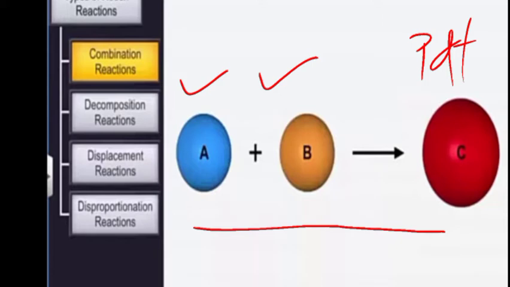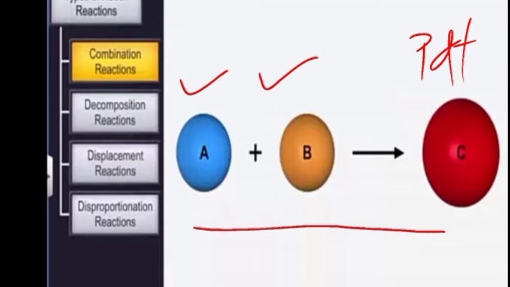A and B are the reactants combined together to give the product C. So, we can define a combination reaction as a reaction in which one element combines with another element or a compound to form a product.